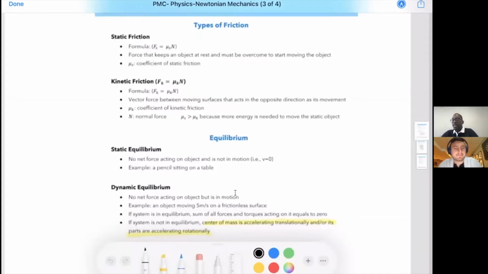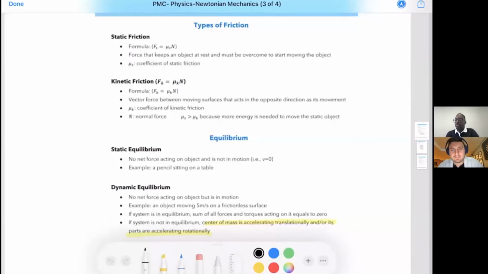So it will change depending on whether you're on a horizontal surface or an inclined plane. That's what I mean by there's a direct proportionality between the static frictional force and the normal force, but not necessarily between the static frictional force and the coefficient of static friction.